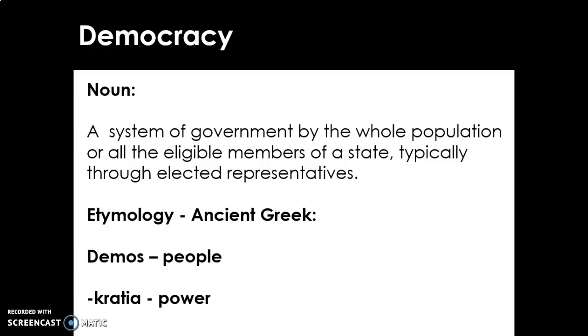You have to not be in prison. But if you're over 18 and you're not in prison and you are a citizen of this country, so you have British citizenship, you're eligible. That means you have a right to vote. You have a right to contribute to the democratic process. You are a person with power.